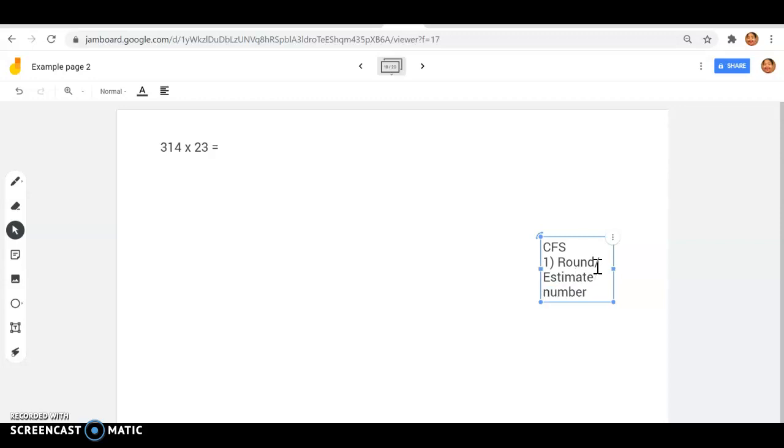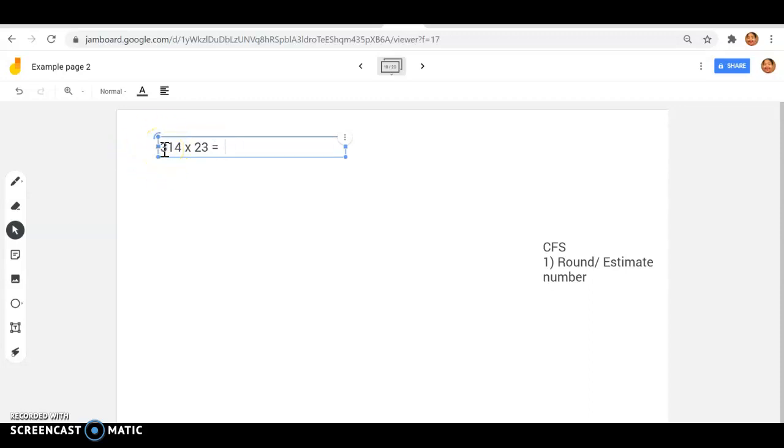We're going to round 314, and we're going to round 23. Again, we're rounding to the largest place value, so our largest place value is the hundreds place.